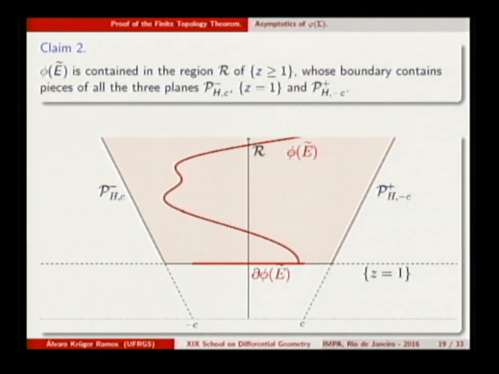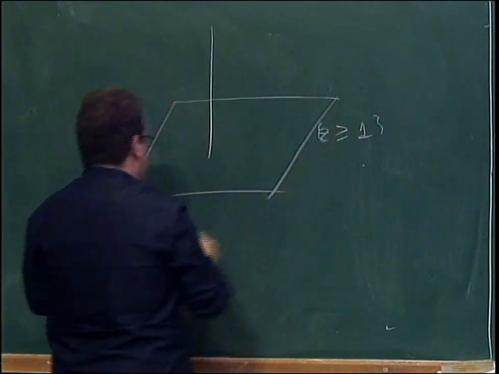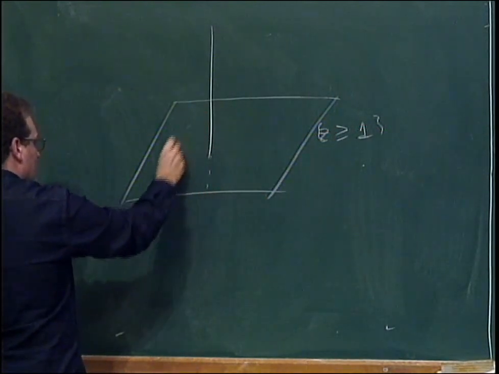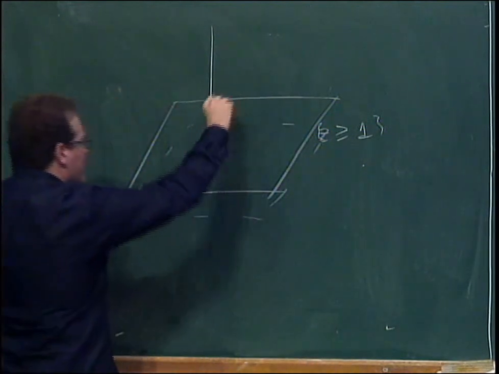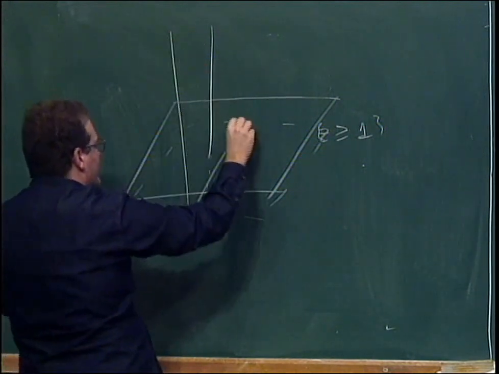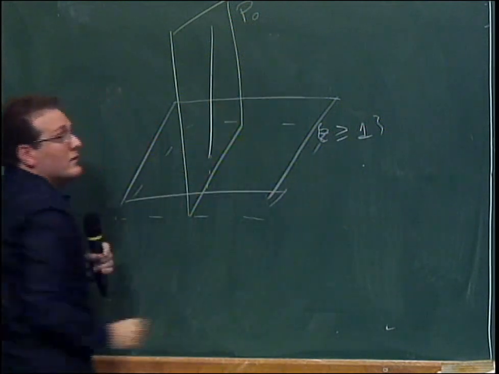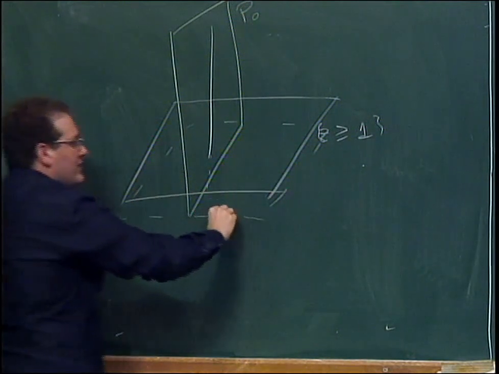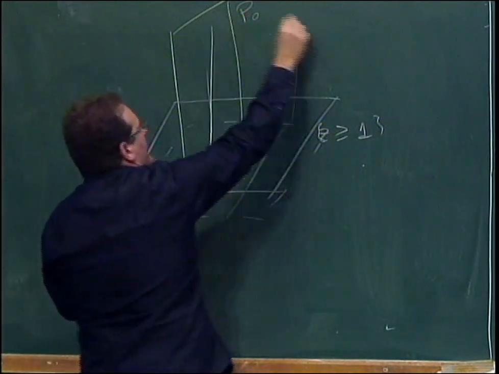We have H3, but I am only taking Z bigger or equal to 1. And what do we know? That vertical planes here are actually totally geodesic. I'm calling these planes P0. And if you move these planes by a distance C, I'm calling this other totally geodesic plane P sub C.